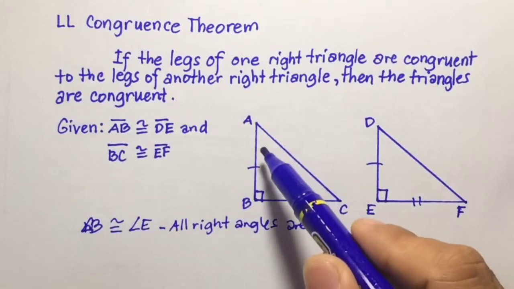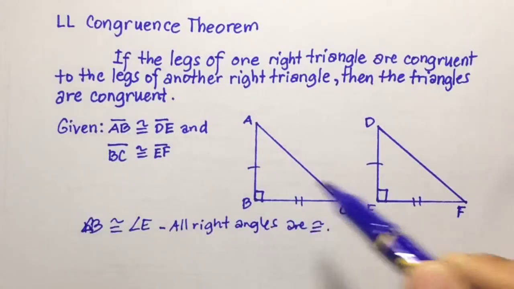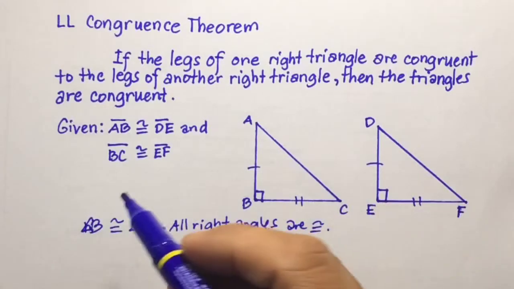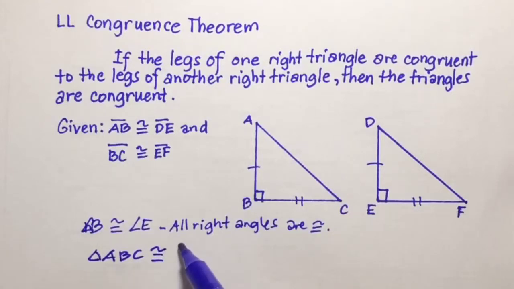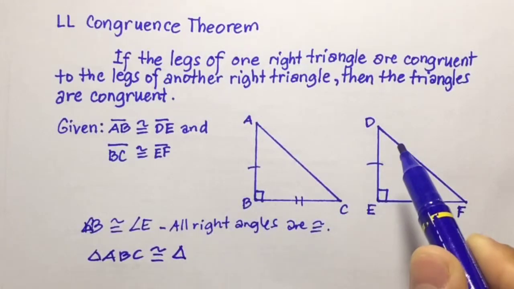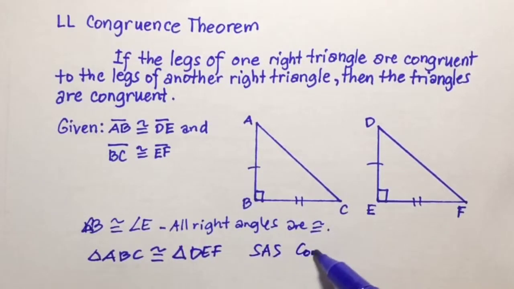So in here, this is just an application of the SAS congruence postulate. So we can say that triangle ABC is congruent to triangle DEF. This is by the SAS congruence postulate.